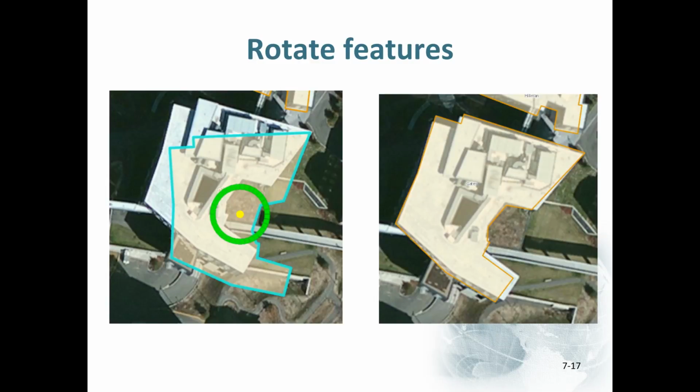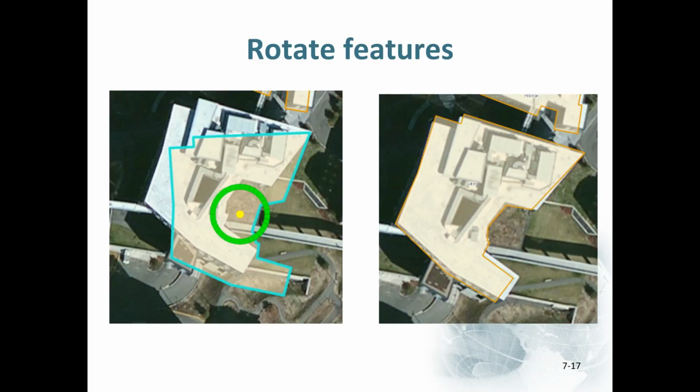So that's how, previously, we see rotate. Sometimes the features may be in their correct location, but you might have to rotate it a little bit. So in this modify pane, we click this rotate button. And once you click the rotate button, the yellow dot, the same way, will appear in the center of this polygon.